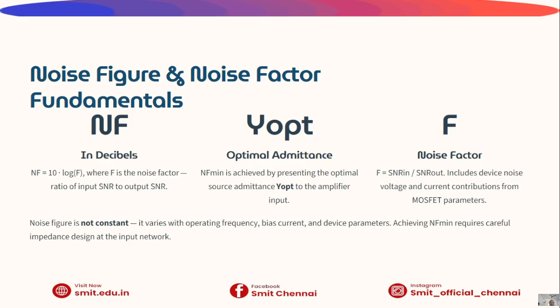Noise figure is simply the noise factor expressed in decibels. A low noise figure means less degradation of signal quality. Another important concept is the optimum source admittance, represented as Y optimum. By presenting this optimum impedance to the amplifier input, designers can achieve the minimum possible noise figure.